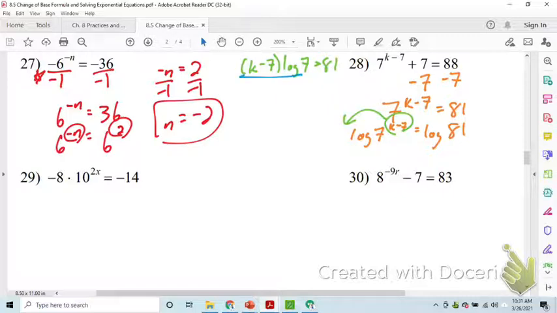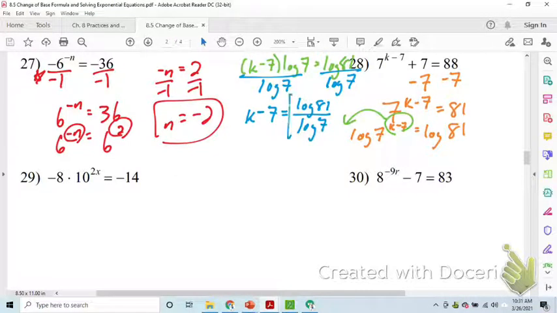Oh, sorry, messed up. It should be log of 81, shouldn't it? Yeah, thanks for keeping me honest, you guys. Either way, I still have to divide both sides by log of 7. When you do that, you get k minus 7 is equal to log 81 over log 7.